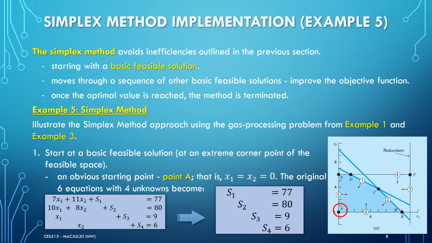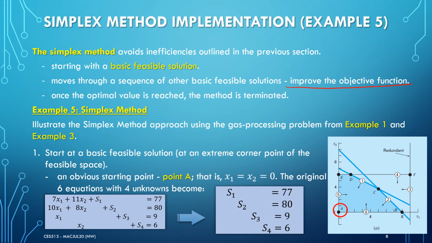It does this by starting with a basic feasible solution. Then it moves through a sequence of other basic feasible solutions that successively improve the value of the objective function. So the objective is to improve the objective function.